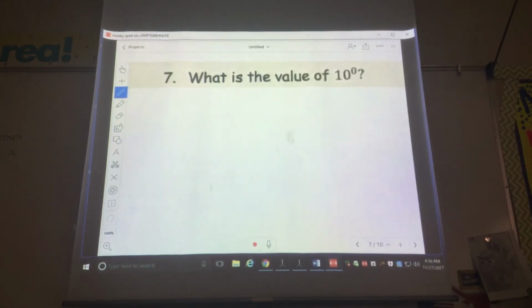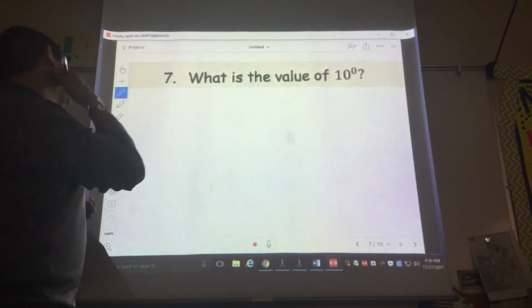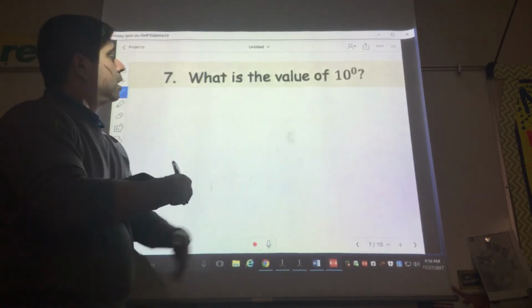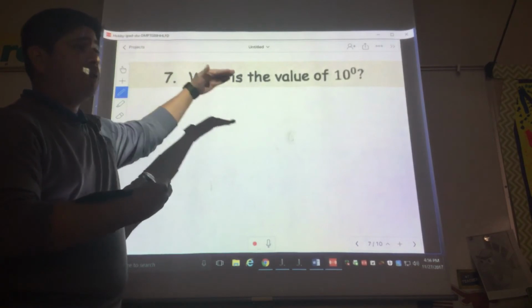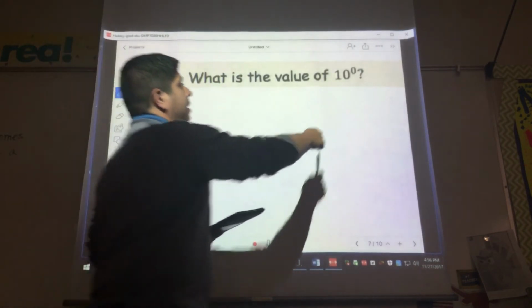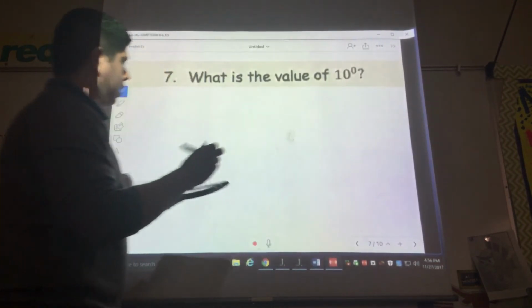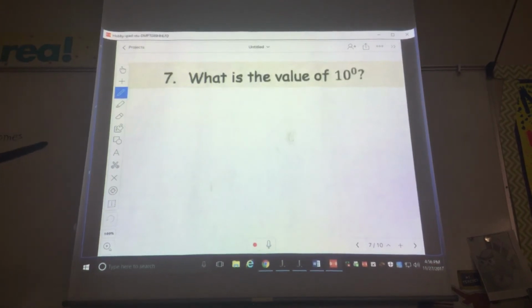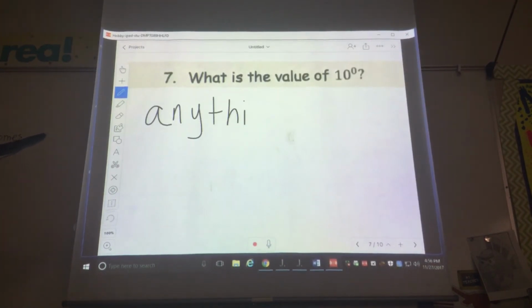All right, number 7. What is the value of 10 to the 0 power? Remember, not any math to this one either. We went over the 0 power. Remember, anything to the 0 power is 1. So I'm going to write that little note in here.